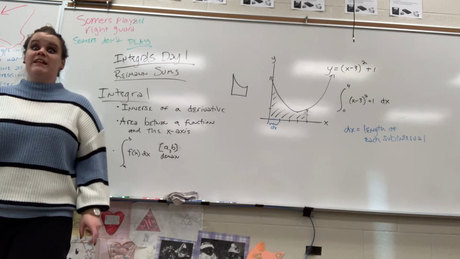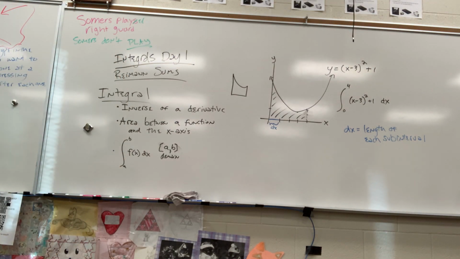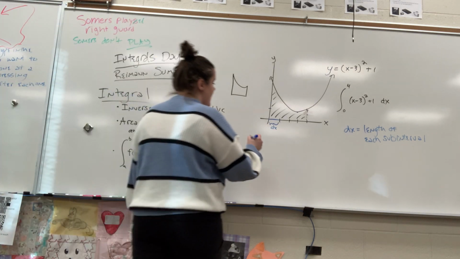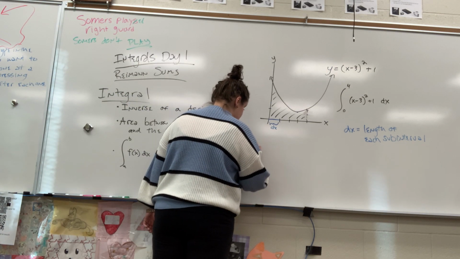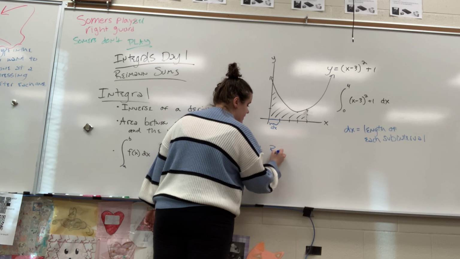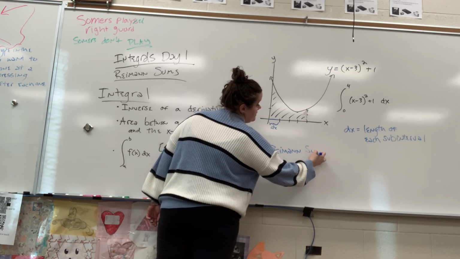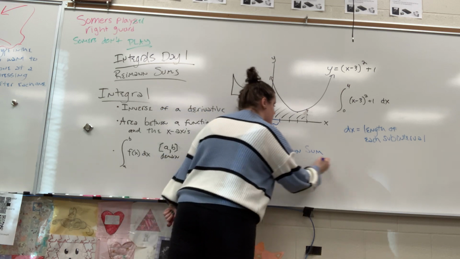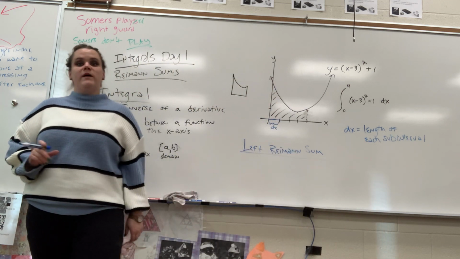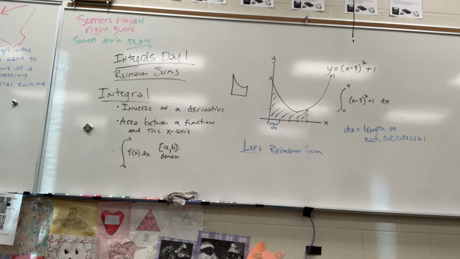So that's a good guess, and that is what we're going to do on this one, because what I'm going to show you first is called a left Riemann sum. So here's the idea.